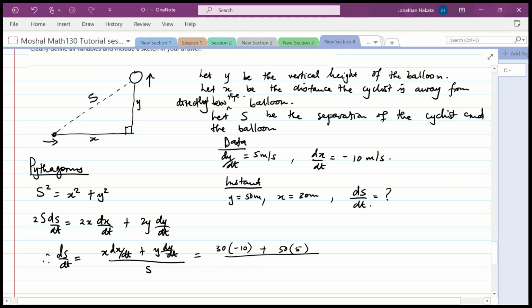Let's calculate s at this instant. If we have a triangle like this, y is 50, x is 30, and this is s. So s squared is equal to 50 squared plus 30 squared. So s is equal to the square root of 2500 plus 900.